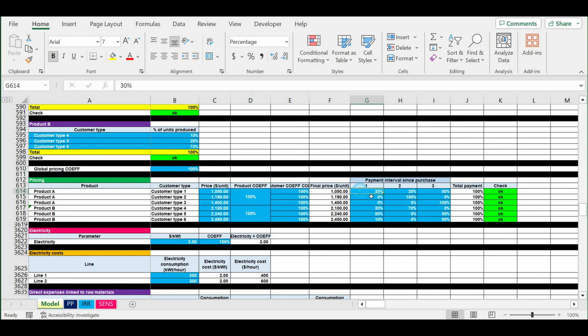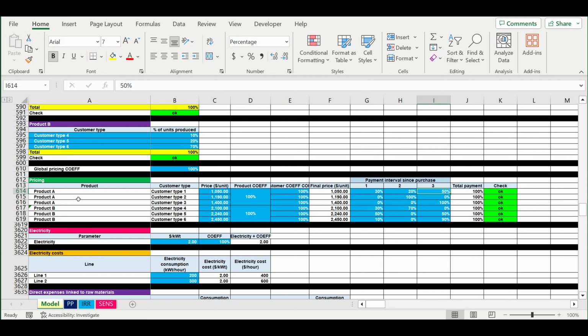Here, inside these 3 columns, we can play with how our types of customers are going to pay us. For example, we sold product A for customer type 1 today, but this month he paid us 30%, next month 20%, and next month 50%.